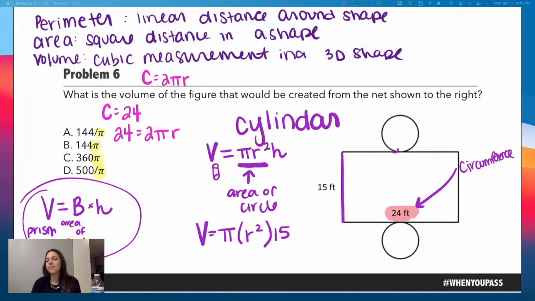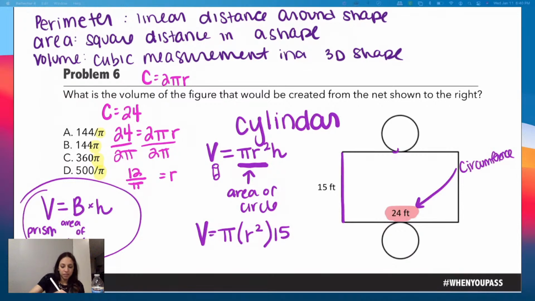So I'm going to leave the infinite value of pi as pi. I'm going to divide both sides by 2 pi. So r equals 24 divided by 2 is 12 divided by pi.